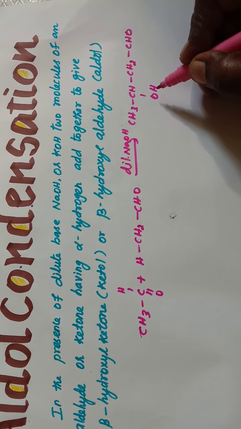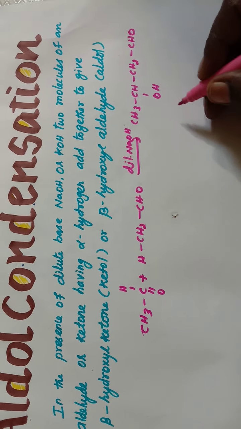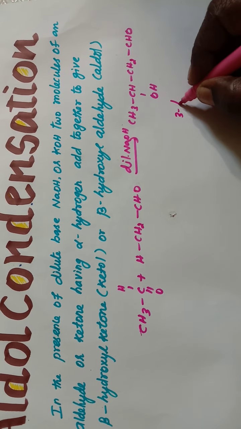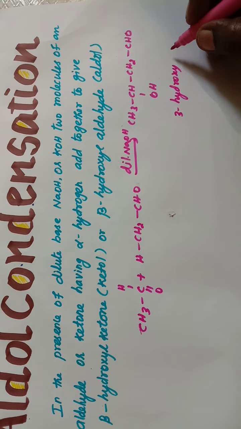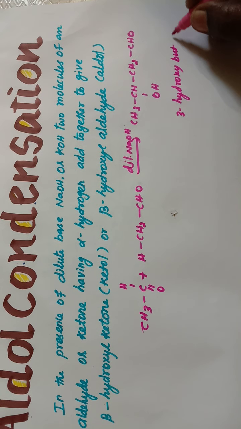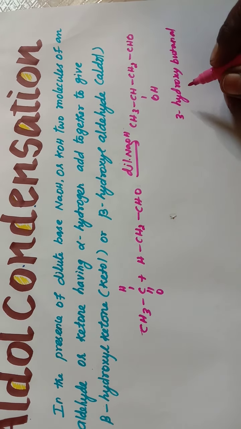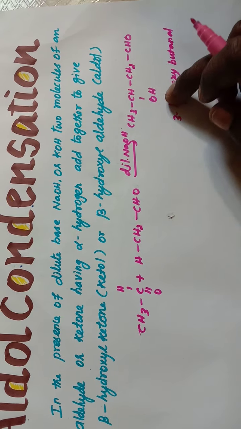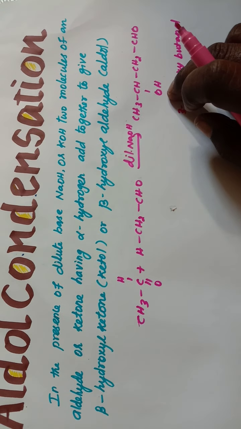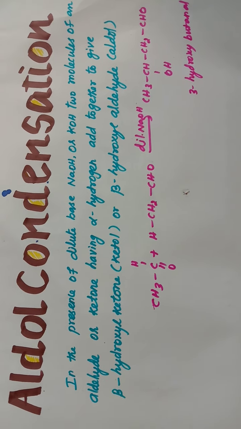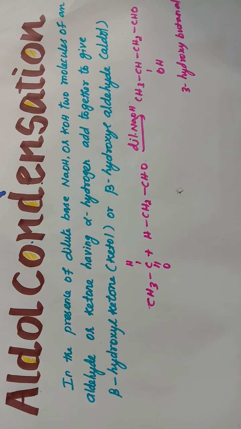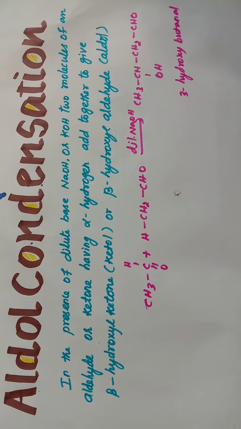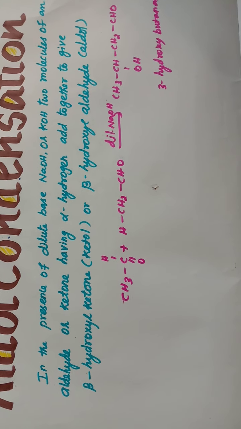It gives an aldol. Name of this compound is 3-hydroxybutanal. Both an aldehyde group and a hydroxyl group are present in the same compound, and this reaction is called aldol condensation. Actually, this reaction takes place in 3 steps.